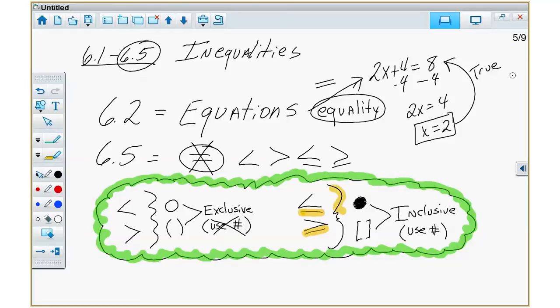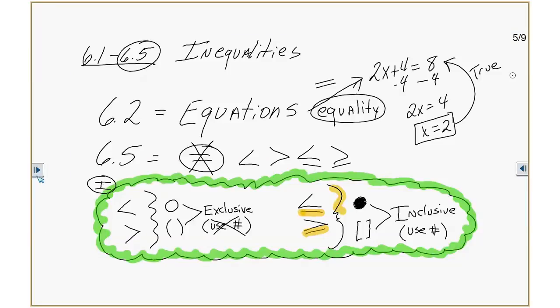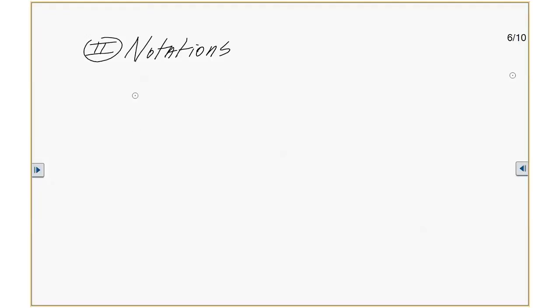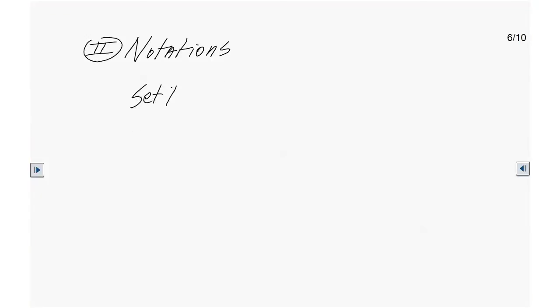The second thing we're going to learn in 6.5, that's the first thing, because mechanics you already know how to do. The second thing is, we're going to write two different notations. There's set builder notation, and then there's interval notation.